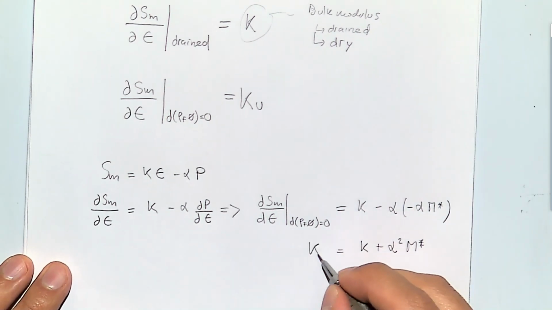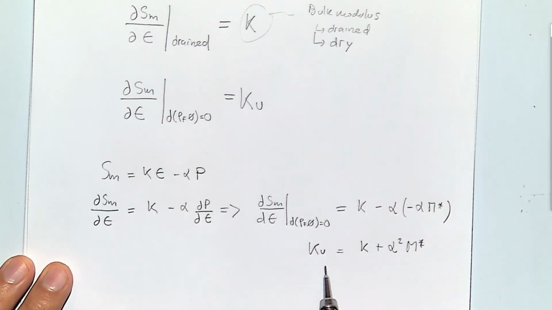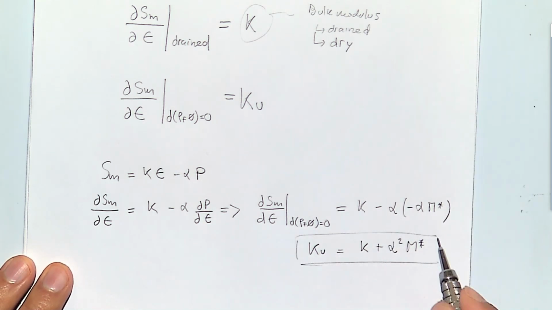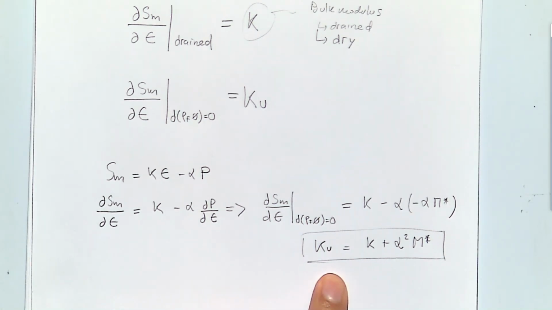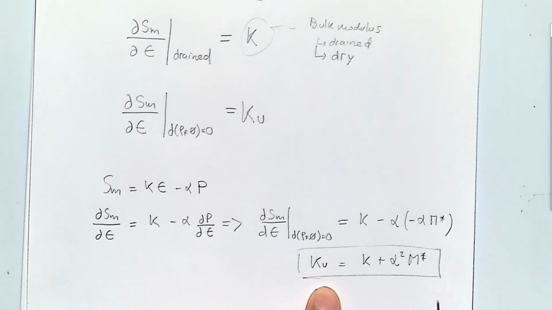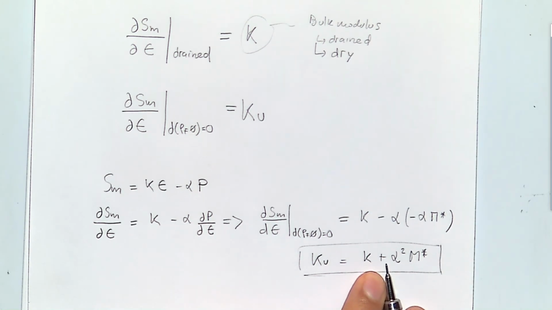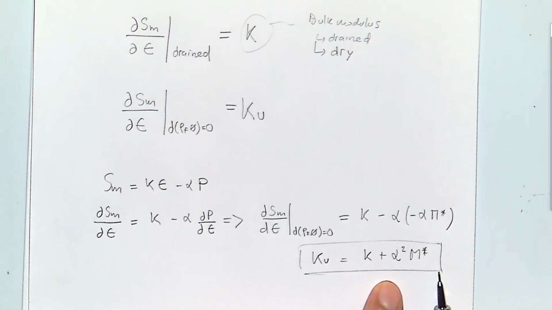So which one is larger, Ku or K? Undrained modulus or drained modulus? The undrained modulus, right? Because this is plus, and m, we know that's a positive number, and the stiffer the solid and the stiffer the fluid inside the solid, the smaller the porosity, the smaller the Biot coefficient, the bigger this one is going to be.